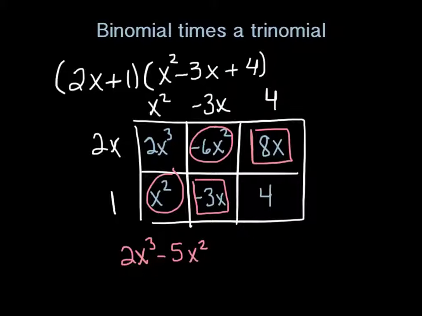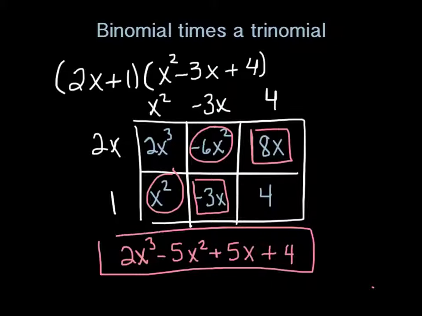I'm going to combine my negative 3x and my 8x and get 5x. And then the 4 is just going to come down. And your final answer is 2x cubed minus 5x squared plus 5x plus 4. And that's how you multiply a binomial times a trinomial.